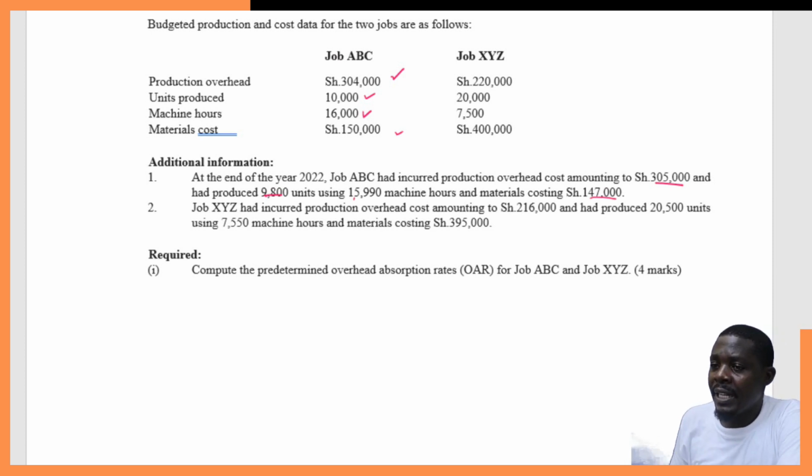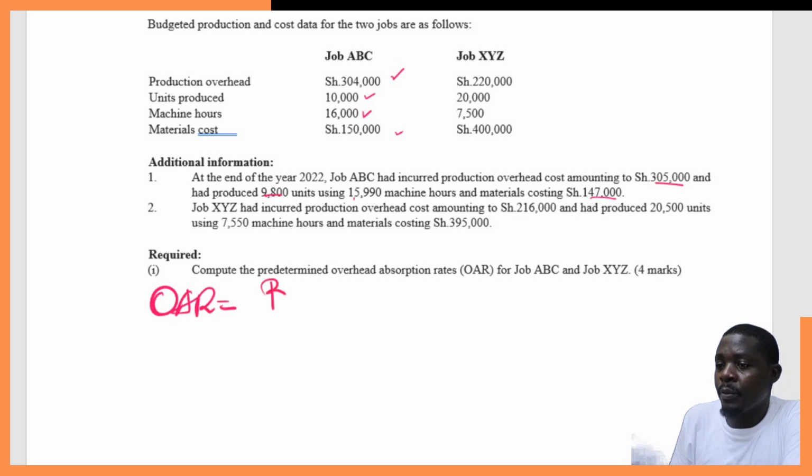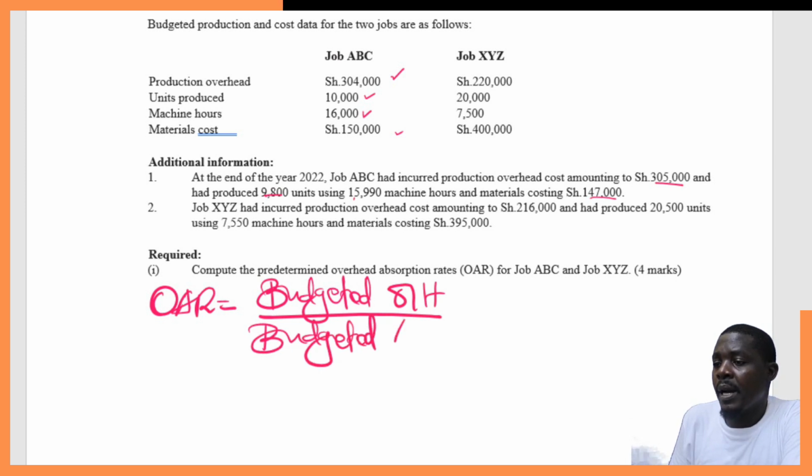Then we are told to compute a predetermined overhead absorption rate. For job ABC, we here say that overhead absorption rate is equal to budgeted overhead over budgeted activity level.